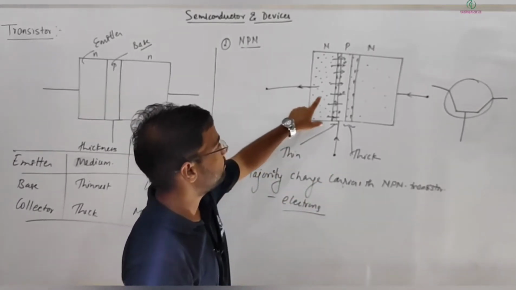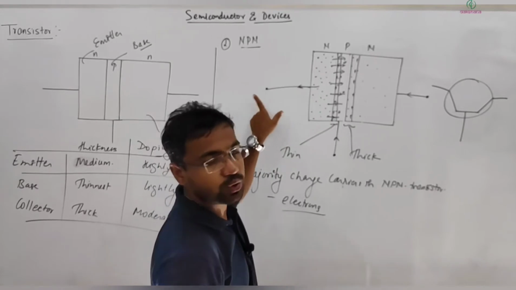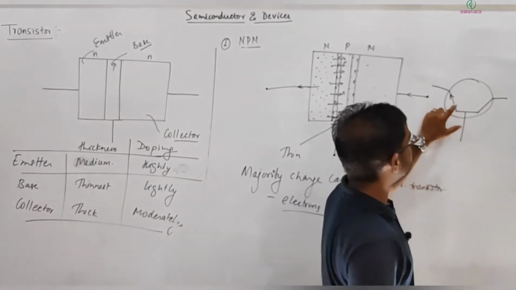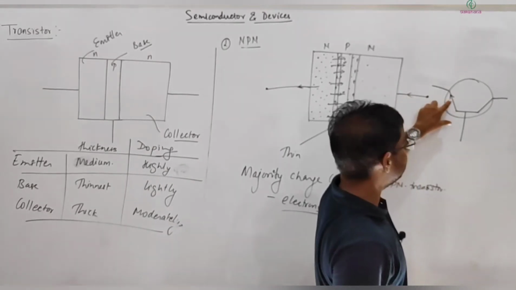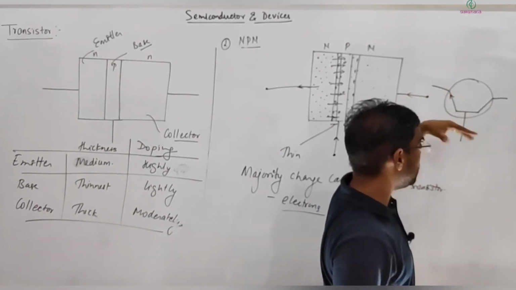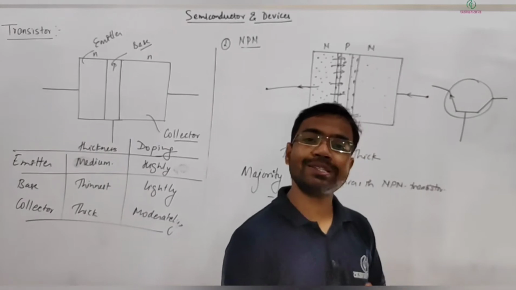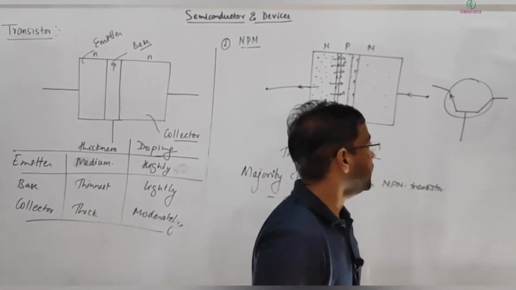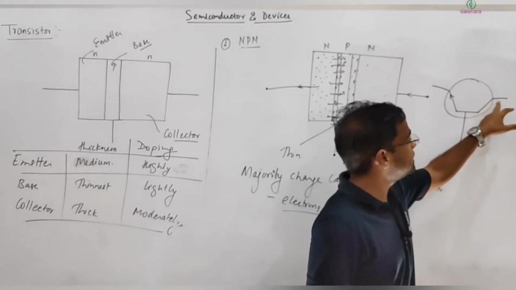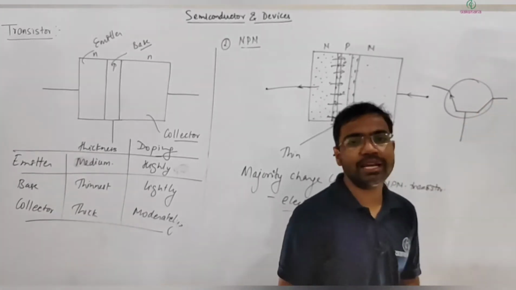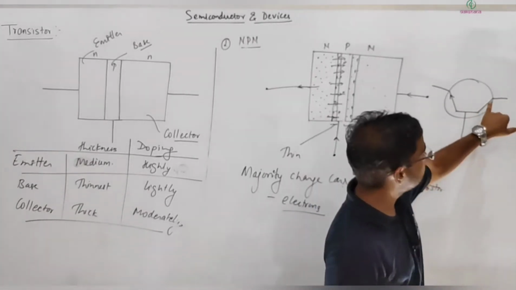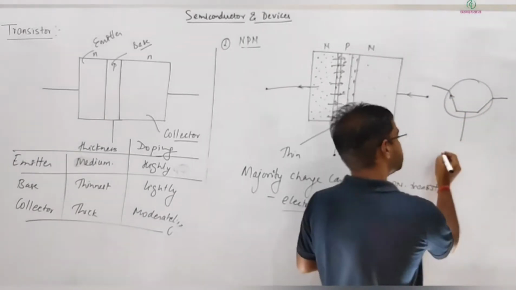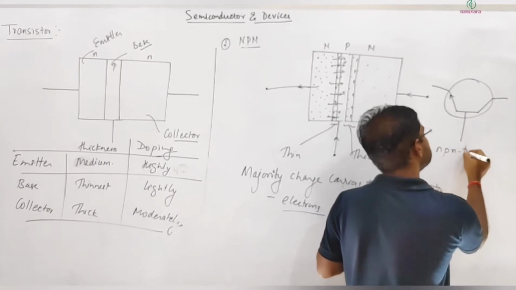Here you can see from the emitter current is going outward. So I can write that current is going outward, then this is your emitter, and because current is going outward, that's why it will be an NPN transistor. Clear? If I draw an outward arrow this side, it will still be an NPN transistor, but in this situation this will be emitter and the other one will be collector. So this is your NPN transistor.